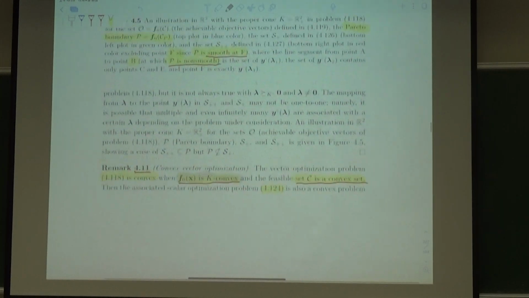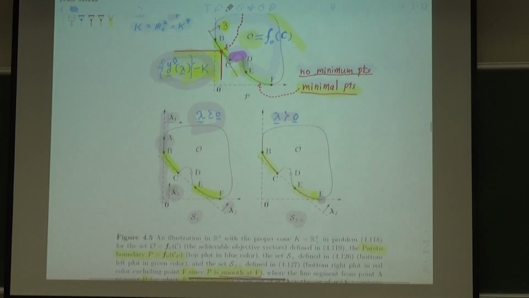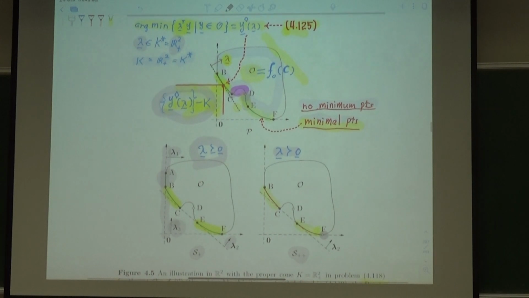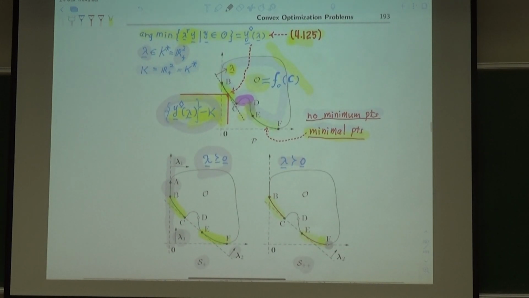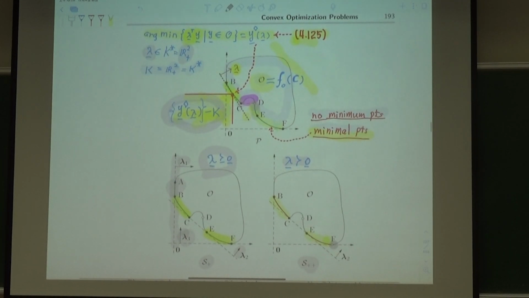And the illustration here, I didn't say the function F0 is convex or not. Even if F0 is convex, O may not be a convex set. It's still possible.